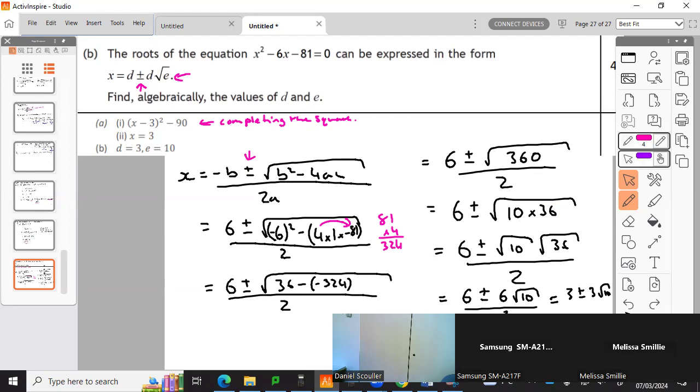So that looks a lot worse than it probably is. It might throw you a wee bit because you never see something in this form, but there's always clues. There's always clues, and there's always a way.